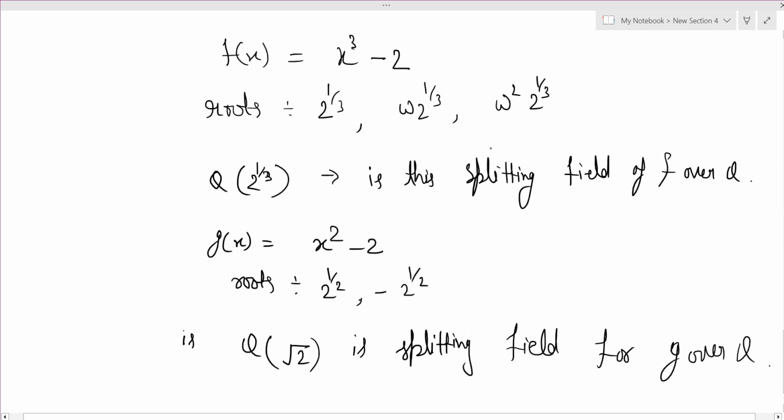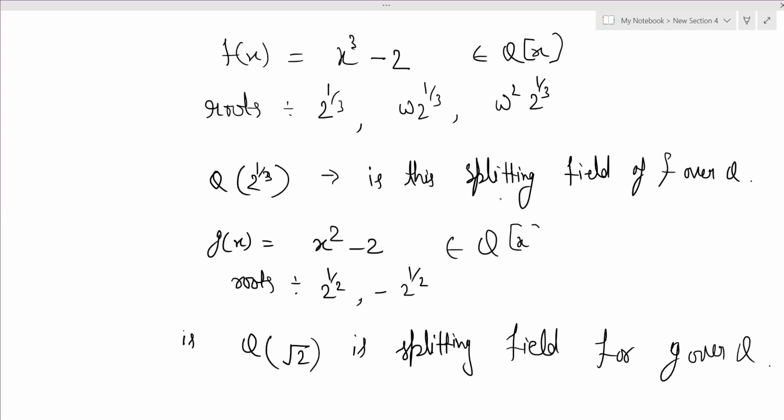Splitting field is a field extension. Suppose these are two polynomials in Q[x]. A splitting field for a polynomial is the least, minimum, field extension such that the polynomial splits as a linear factorization in it.